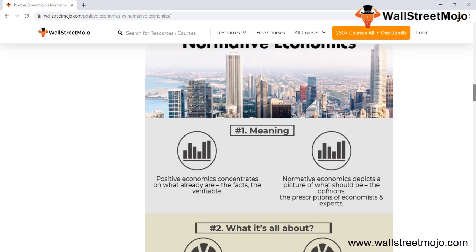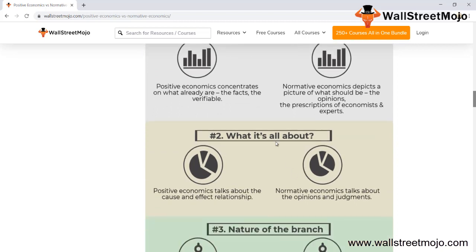It is based on some assumptions, some criteria, some structure, and it depicts a picture of what it should be. We're trying to understand the forecasts, the opinions, the prescriptions of economists and experts. So you can say it is more of a prediction based on some analysis with some assumptions involved. That is normative economics.